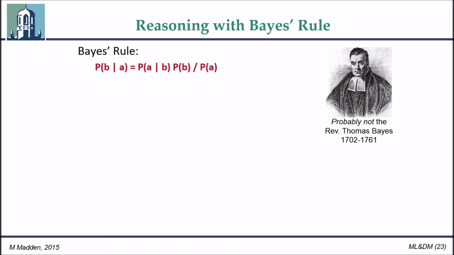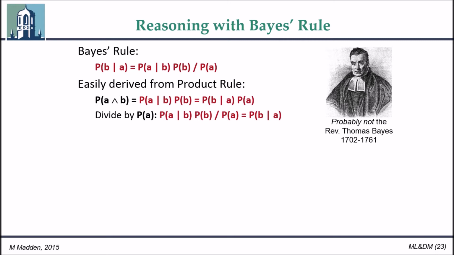So, leaving that aside, here is Bayes' rule, which is what I showed you at the end of the first half of the lecture. As I showed you at the end of the previous session, this is easily derived from the product rule. Here is the derivation.